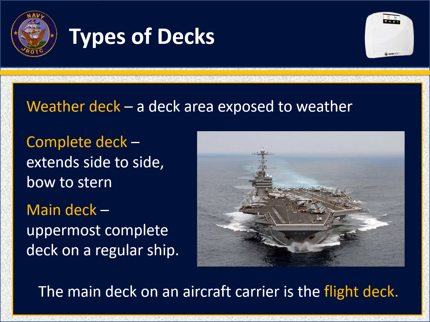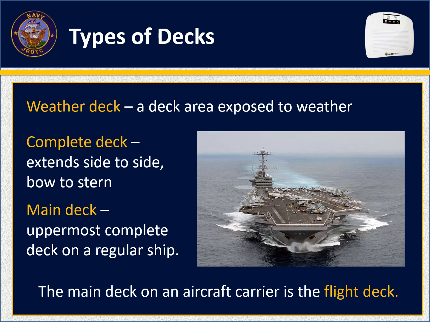Let's take a look at the aircraft carrier. Now, it's very common, a lot of people think the flight deck of an aircraft carrier is the main deck. That is not true. Actually, on an aircraft carrier, the hangar bay, or the hangar deck, is the actual main deck. That's deck number 1.